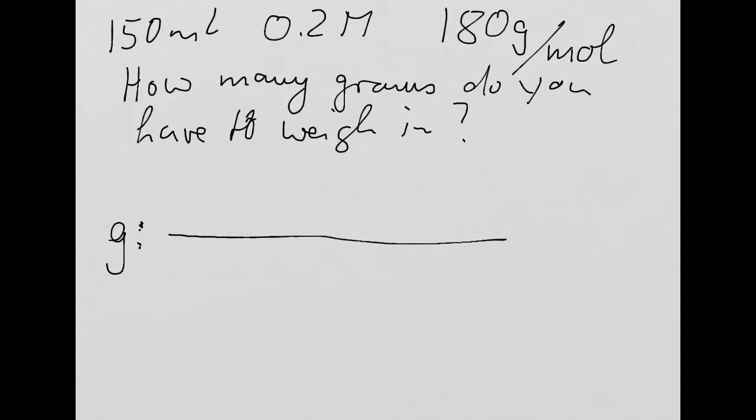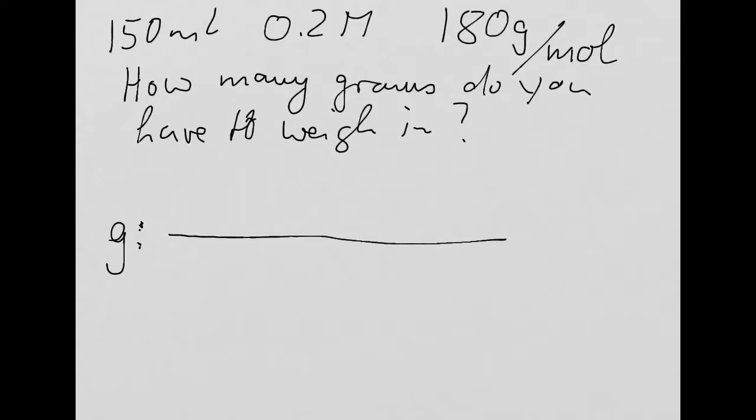It's always the same procedure. Now, in our givens that we have, so 150 milliliter here, 0.2 molar, 180 grams per mole, we ask, do we have any of these givens?